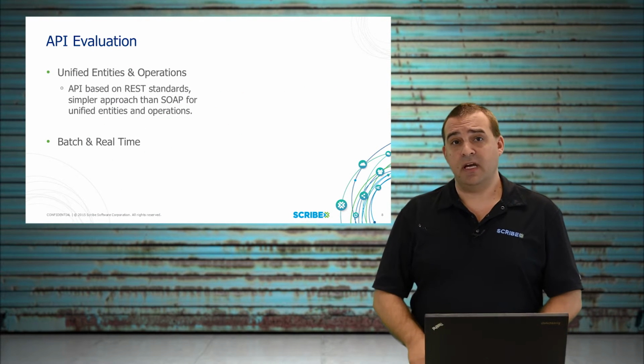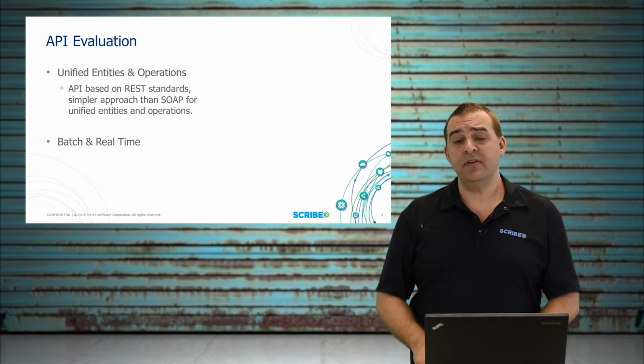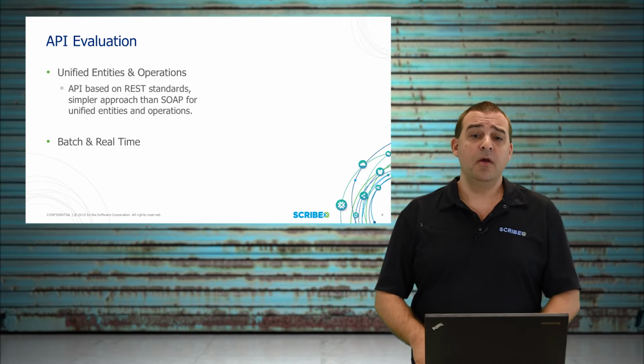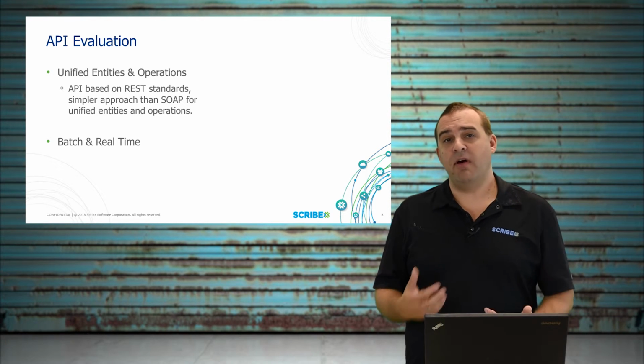Batch versus real-time. Another efficiency item, not necessary when dealing with a connector, but depending on the volume of data that you're going to deal with. If you're going to be dealing with hundreds of thousands of records on a daily basis, you probably want to find a way to batch upload those things, because that reduces operation time on your end, both with your application and its data server, and it can reduce the API calls for the application that you're inserting into.